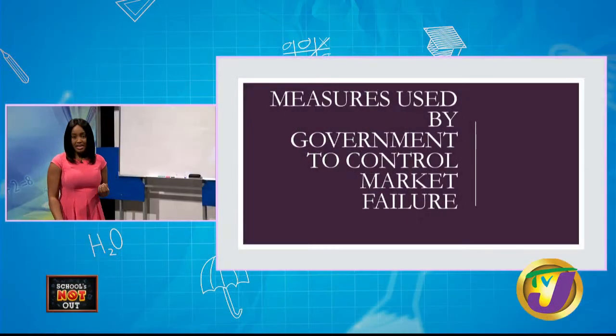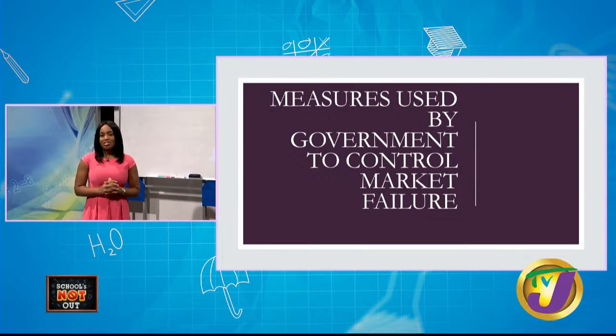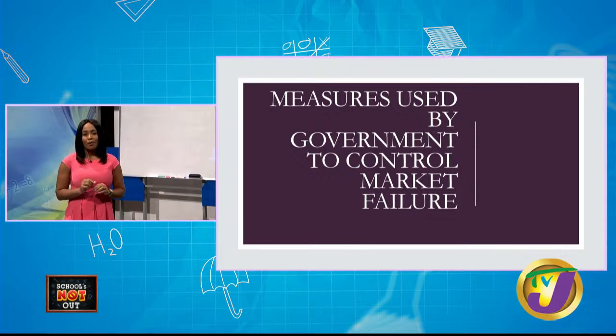So government may intervene. It is important to know that government intervention doesn't always solve all the problems. It can solve some problems, and sometimes there can be disadvantages for intervening in the market. Even though the goal of intervention is to correct, it can also cause disadvantages.